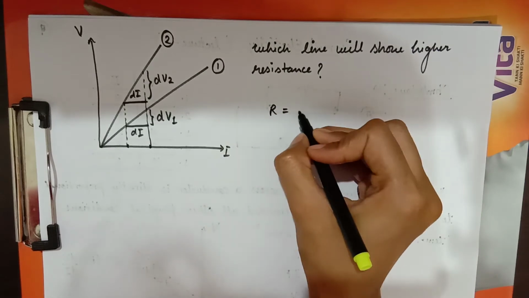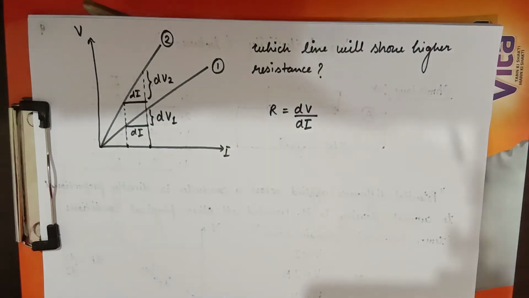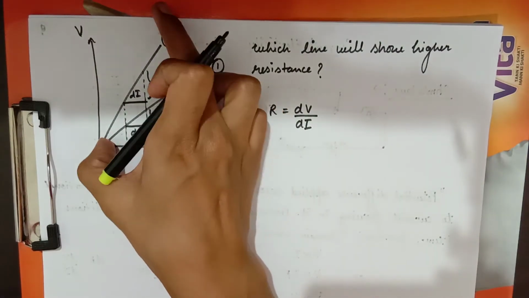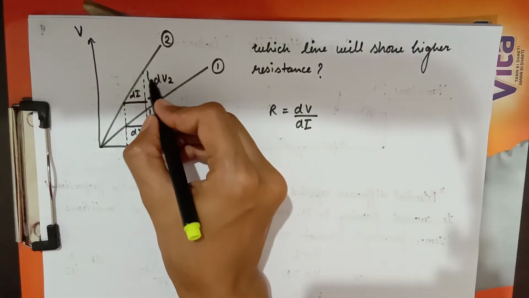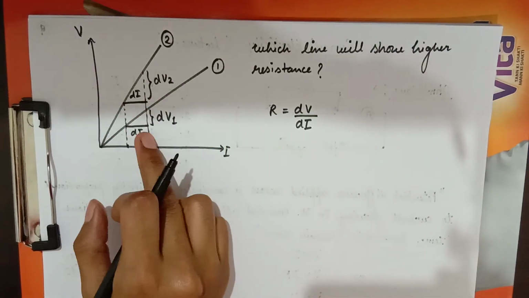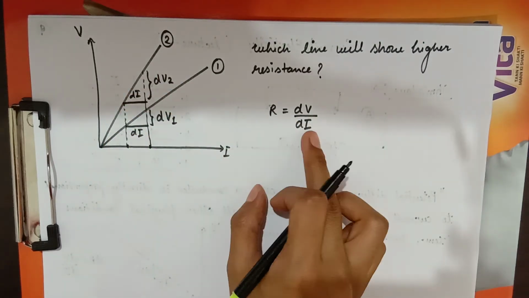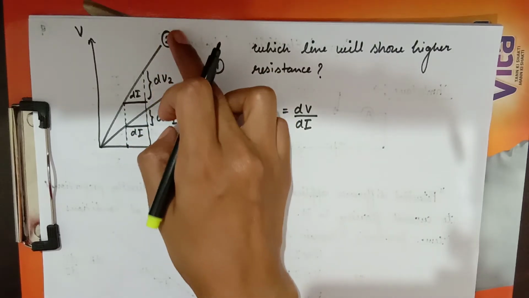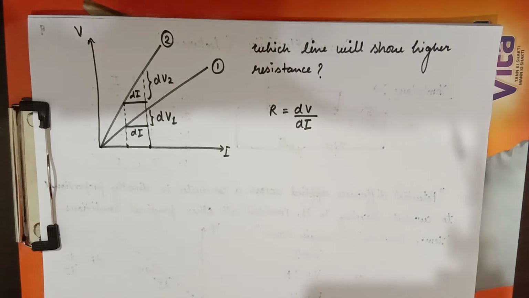From this graph, line 2 is higher than line 1, and because dI is common for both the two lines, dV for line number 2 is greater than dV for line number 1.